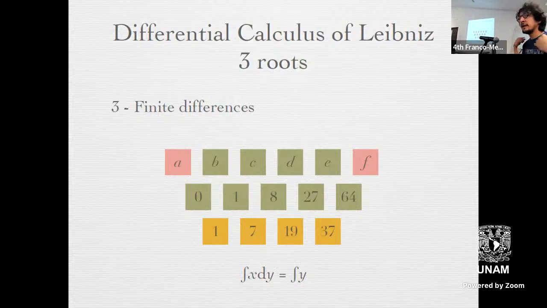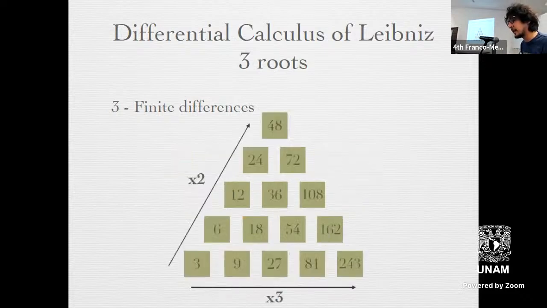In each root, there is another important property that Leibniz found in such a triangle of differences: the symmetry of the diagram. So for example, here you have a diagram for a geometric progression. You multiply by 3 on each line from one term to the next, and in diagonals, you multiply by 2.